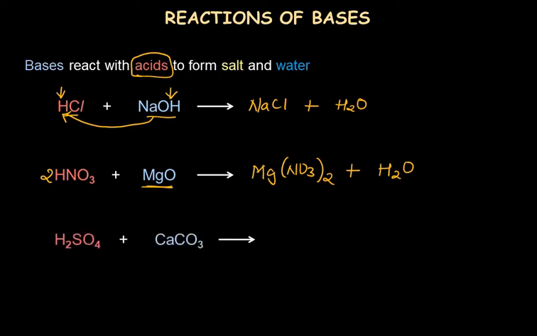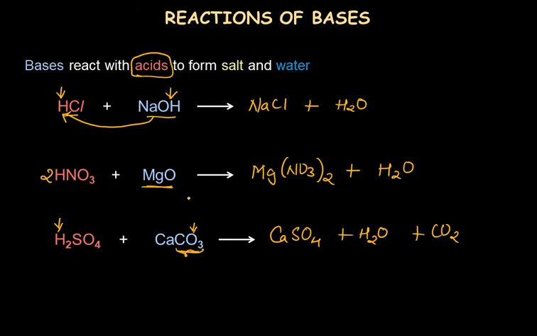Next, suppose we have a metal carbonate like calcium carbonate. A similar reaction will occur, just like an acid-base reaction. Calcium carbonate will react with the acid, with calcium replacing hydrogen, forming calcium sulfate as a salt. But as we have seen, a carbonate is basic in nature. So along with the hydrogen and oxygen forming water, it also forms carbon dioxide, which comes from the carbonate part of the base.